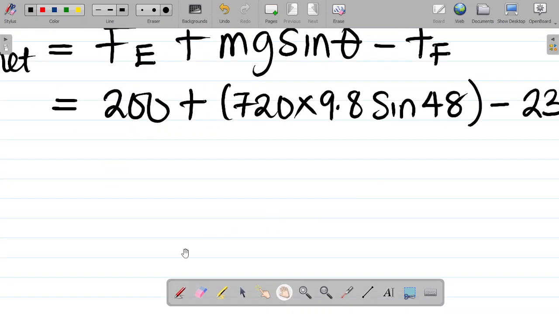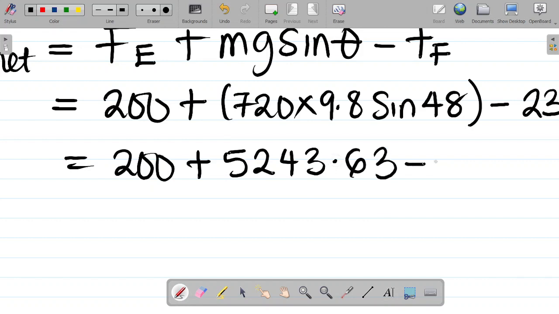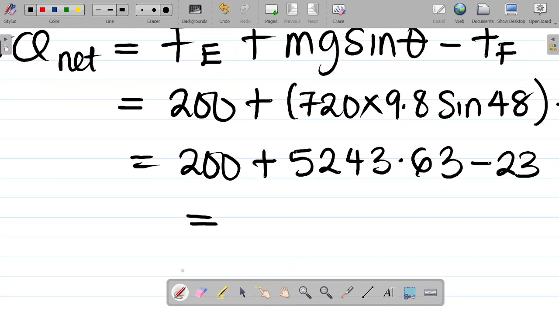Now let's solve this. This gives you 200 plus, I'll get my calculator, I'll punch 720 times 9.8 sine 48. That's about 5243.63 approximately, then minus 23. That means this is equal to the net force, let's call it force net.